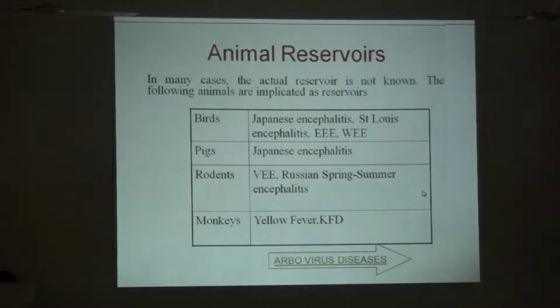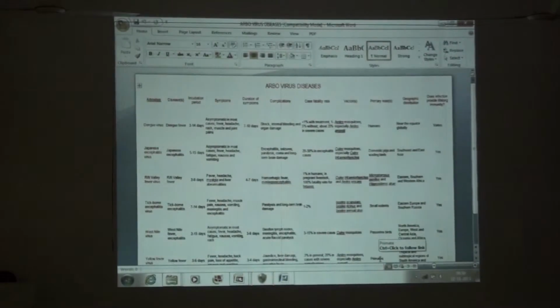Here I have collected a table of the different arboviruses, the disease they produce, their incubation period, duration of symptoms, complications, case fatality rates, and the vectors. But I am not going into details.